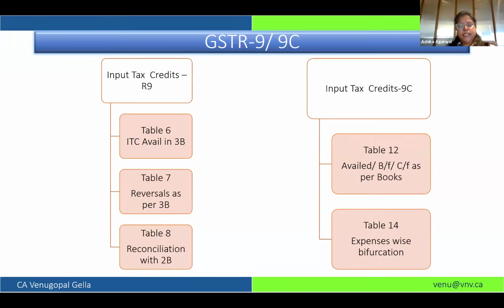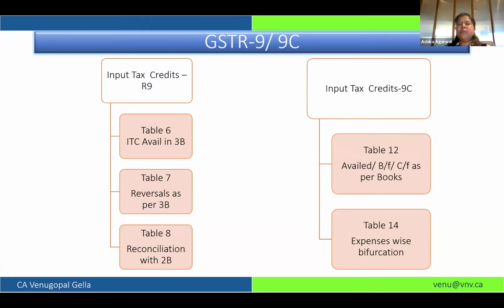If you see GSTR 9 and 9C, these are the various tables which deal with input tax credit reporting: Tables 6, 7, 8 of GSTR 9 and Tables 12 and 14 of GSTR 9C. Table 6 deals with whatever ITC you have reported in 3B as availment during the period. Here it is only about 24-25 reporting done for ITC in GSTR 3B.